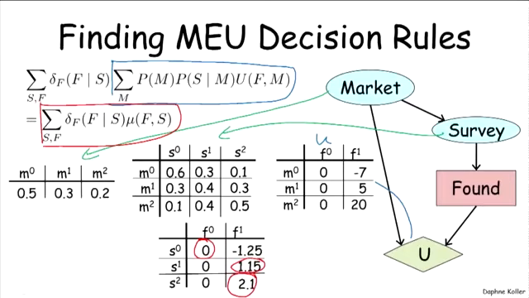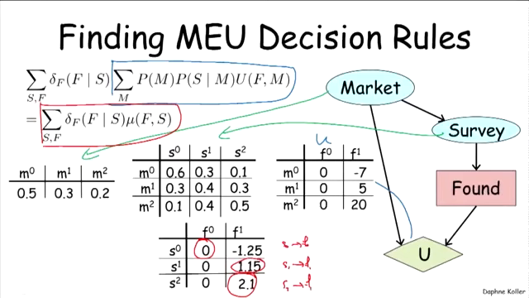And you can see that no other choice of delta is going to give us a higher value for this summation than this deterministic choice that chooses, in the case S0, F0, and in the case S1 and S2, we choose to found the company. And so this is the optimal decision rule.